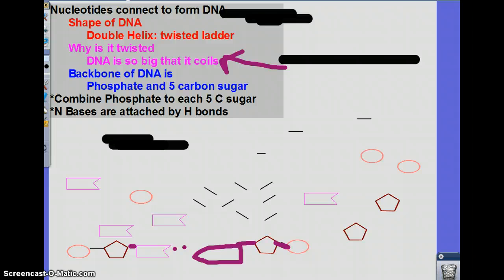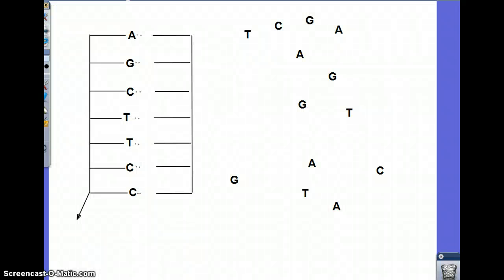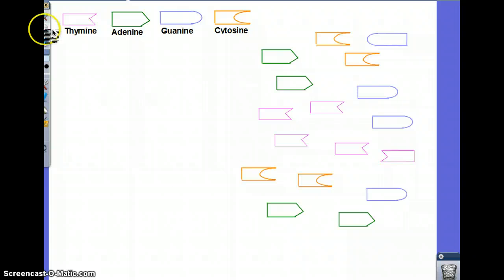They're polar covalent bonds, which means what? Covalent means they share unevenly, and they're the weakest bond. Hydrogen bonds are the weakest bonds. That's why DNA is constantly breaking apart and coming back together, and this is why DNA replication is so easy.